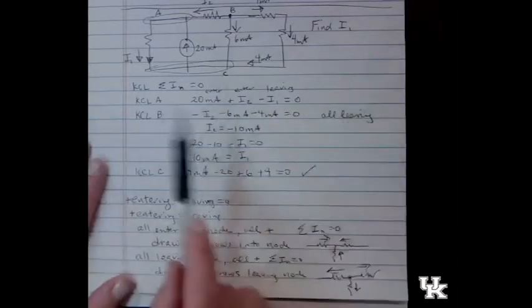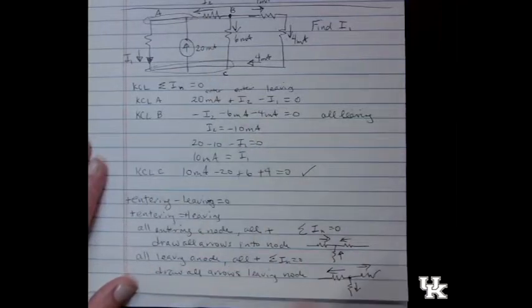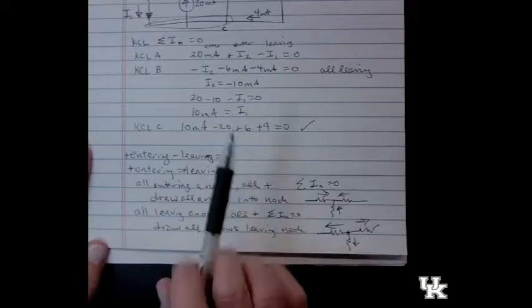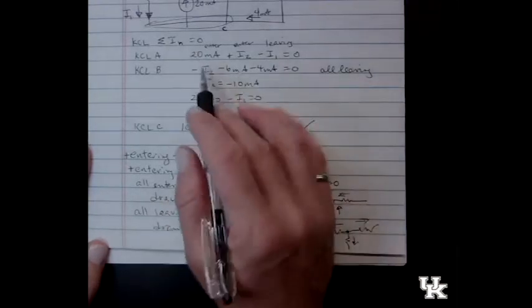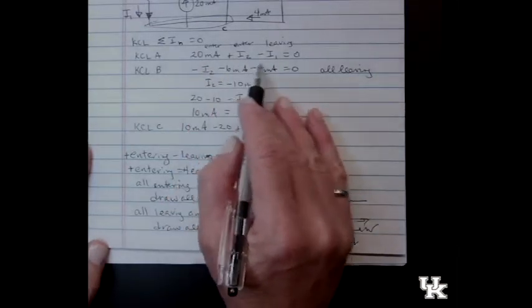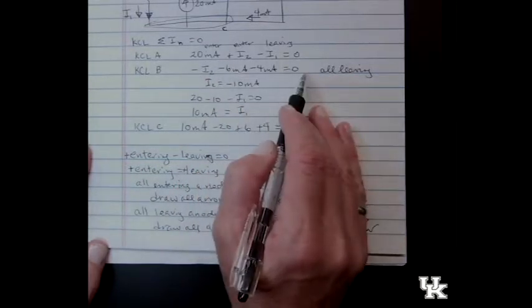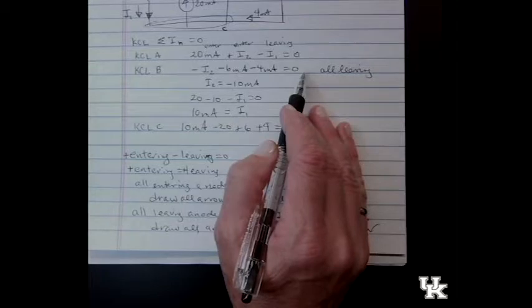It doesn't matter, though, as long as the picture and the math agree with each other. And you can see mathematically, if I went through this equation and multiplied by -1, so I went plus, plus, plus equals 0, I'm going to get the same answer. So mathematically, it's identical.